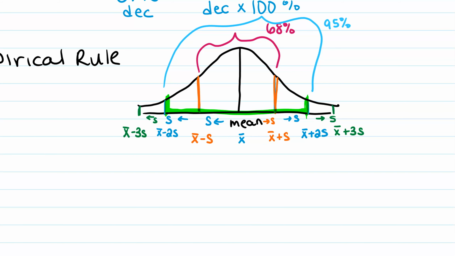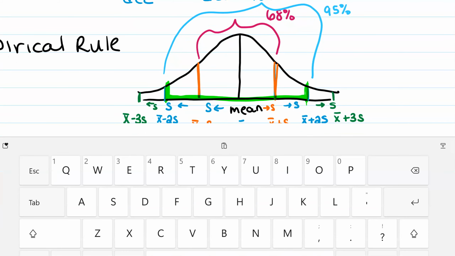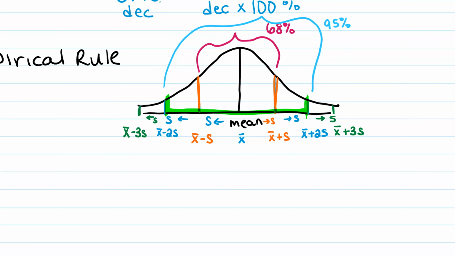And the empirical rule says that between x bar minus 3s all the way to x bar plus 3s, 99.7% of your data will be in between the mean subtract 3 standard deviations to the mean plus 3 standard deviations. So that's the term within 3 standard deviations.